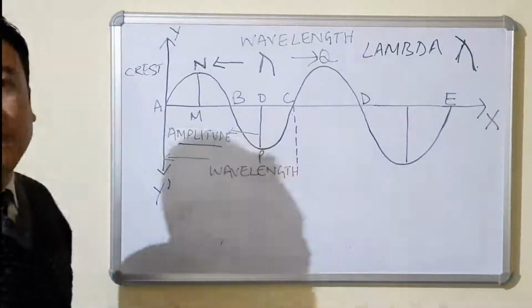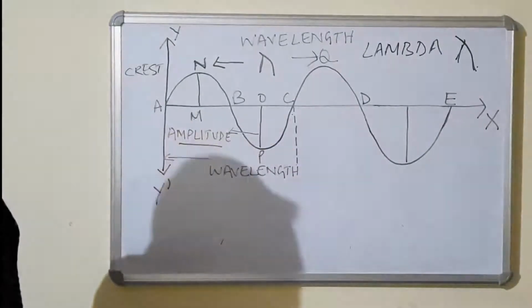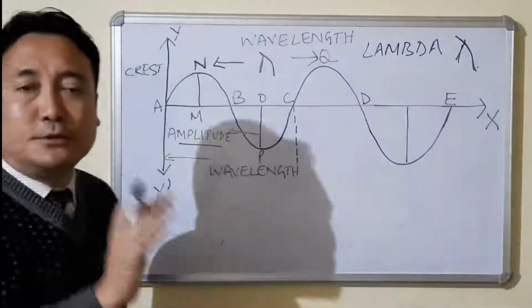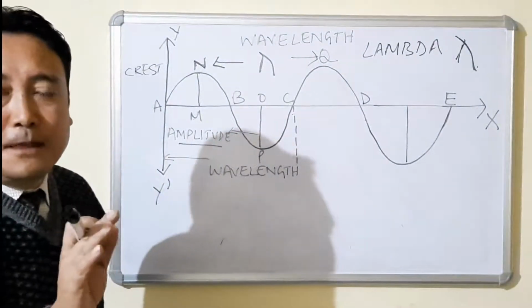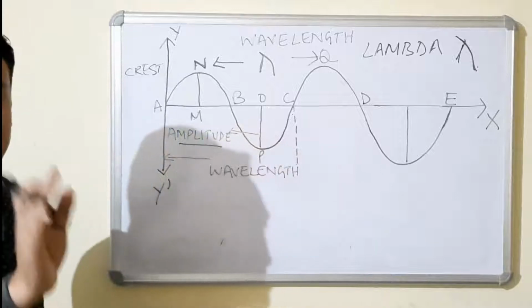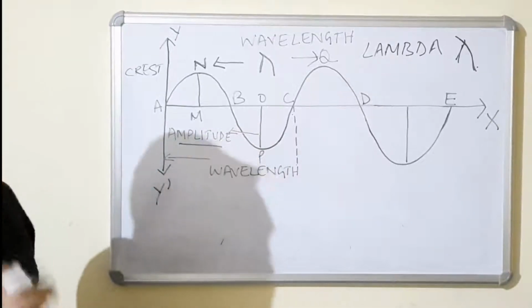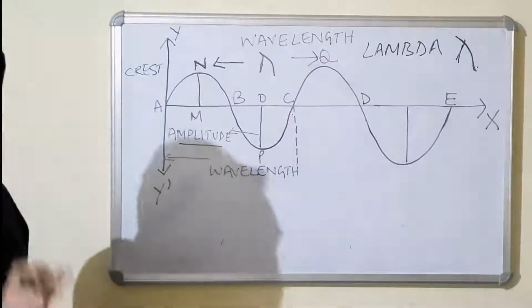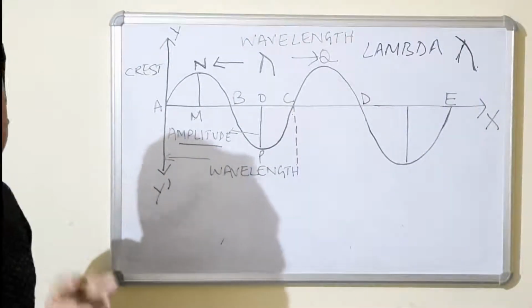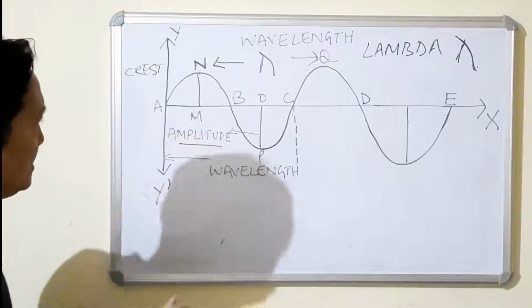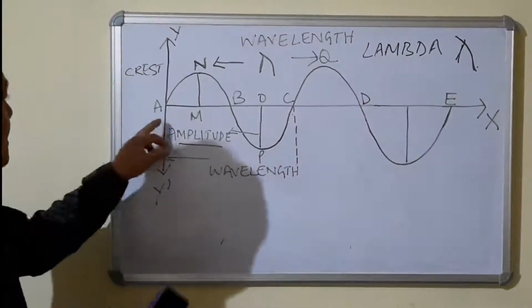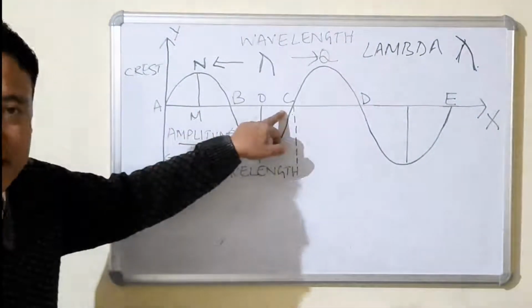Time period means the time taken by the wave to make one complete oscillation. Time taken by the wave to make one complete oscillation is known as time period. So oscillation means from A to C to make one oscillation.